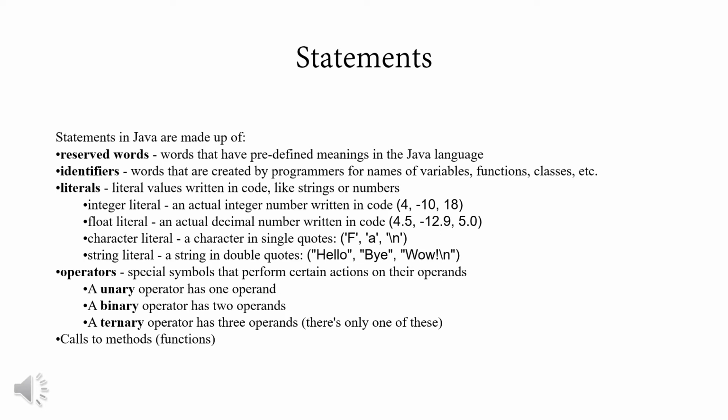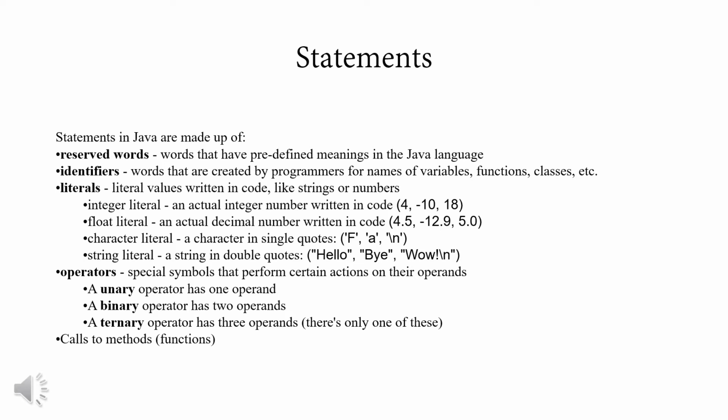They are reserved words. Identifiers are words that are created by programmers for names of variables or functions or classes. So you, as a programmer, will create and use some names for your variables or classes.